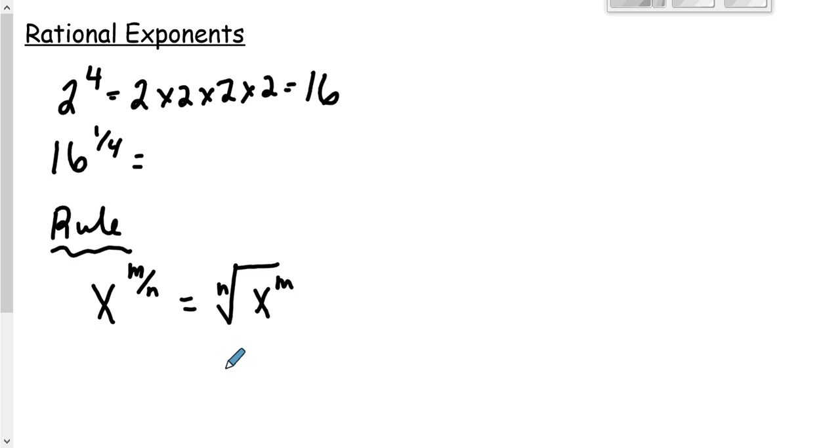So we're going to use the same kind of idea here. You make your root sign, and underneath you would have 16 to the 1, and then the little 4 would get written in the front.